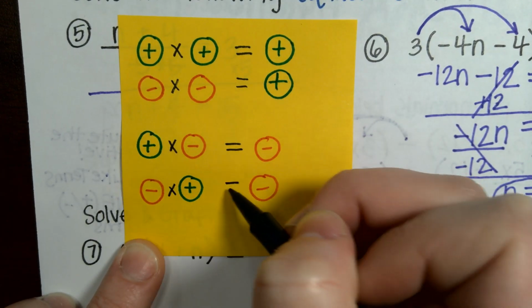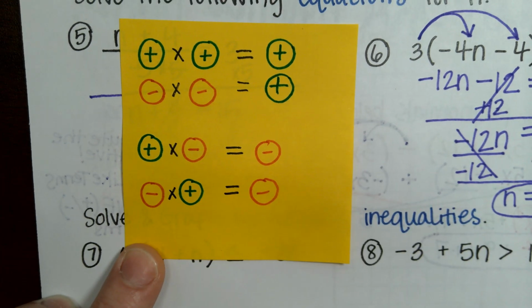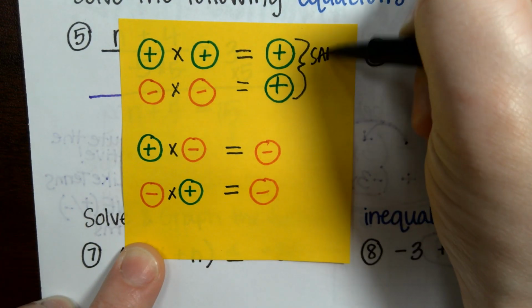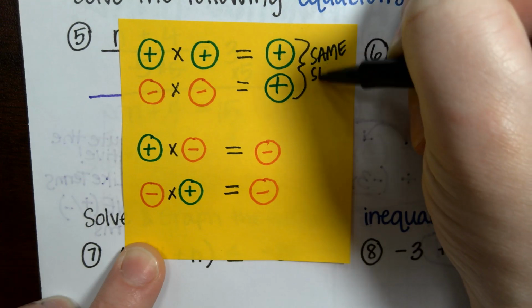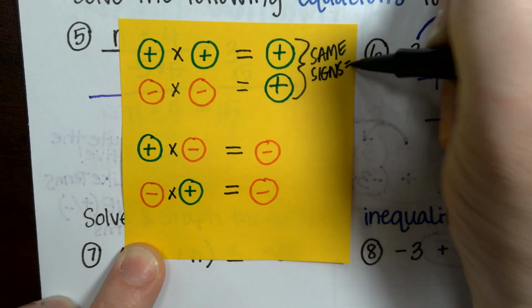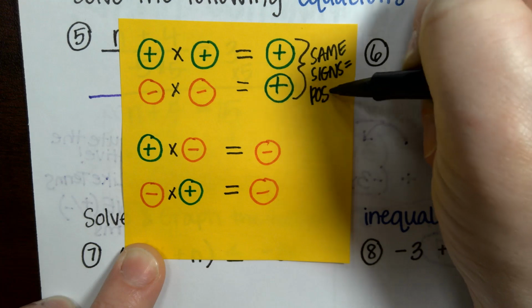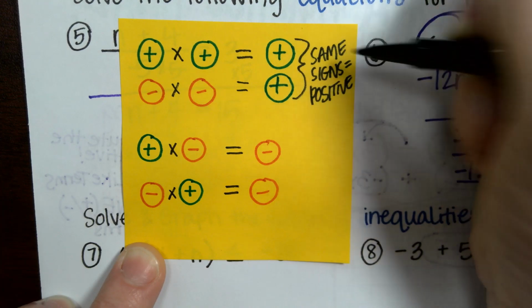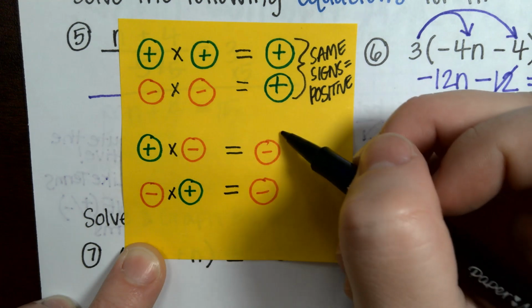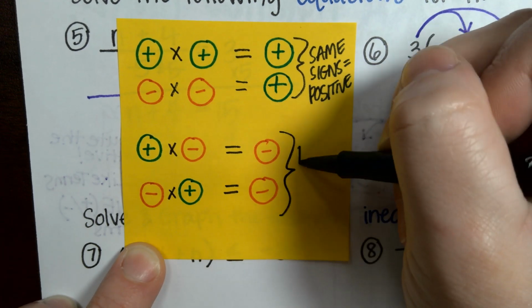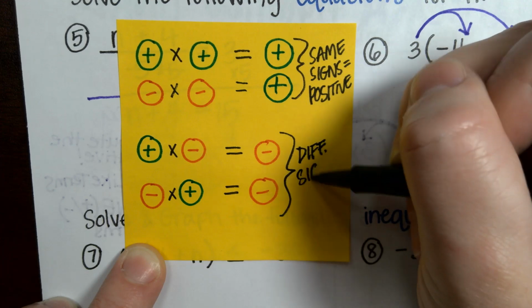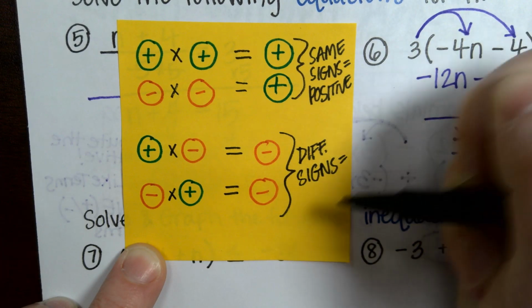That's also going to give you a negative. So, same signs gives you positive. Even if both of the signs are negative, if they're the same, it gives you a positive answer. Different signs give you negative. Does that clear it up a little better? Yeah. Good.